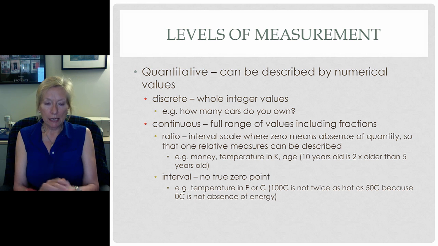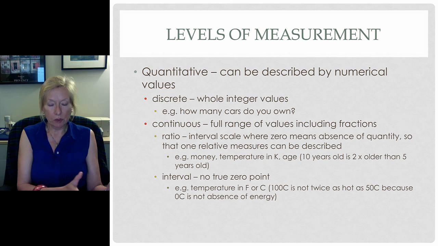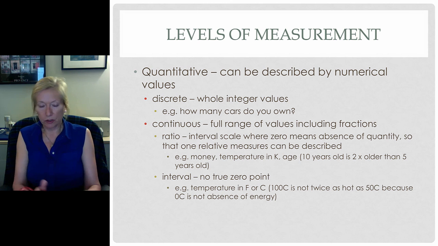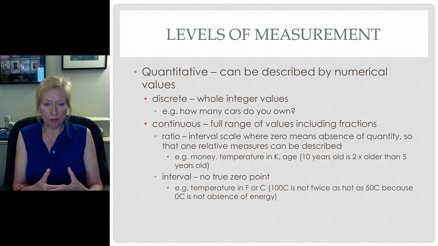The other type of quantitative level of measurement is continuous, where you have a full range of values. Continuous measurements can either be ratio or interval. The difference between these two is that interval levels of measurement have no true 0 point. For example, if you're looking at measurement of temperature in Fahrenheit or centigrade, there's no true 0 point.